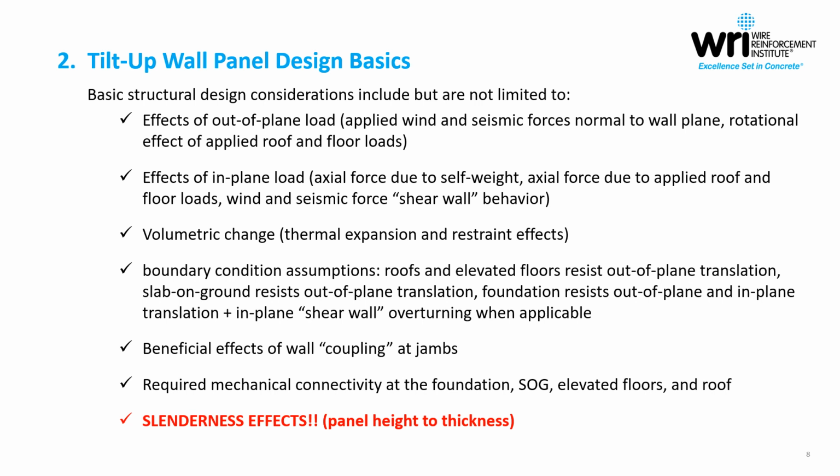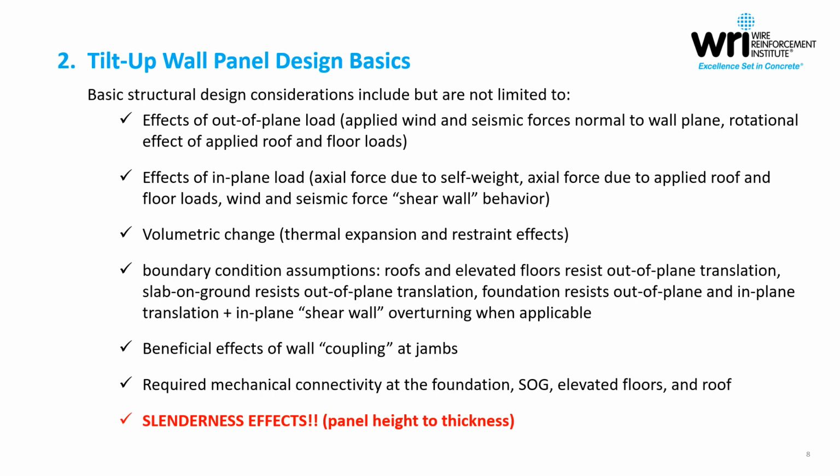Boundary condition assumptions. Roofs and elevated floors resist out-of-plane translation. Slabs on ground resist out-of-plane translation. And foundations resist out-of-plane and in-plane translation, plus in-plane shear wall overturning when that is applicable to a certain panel.